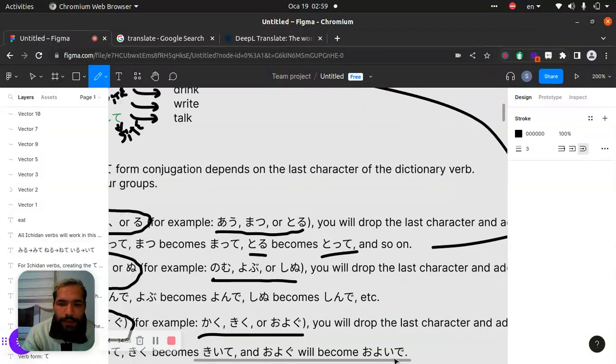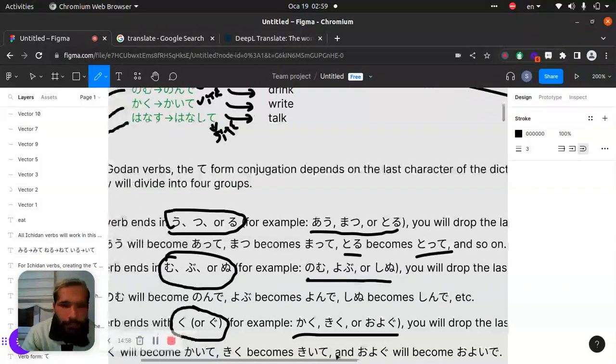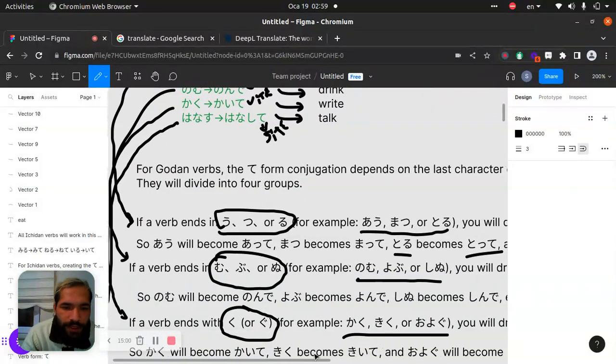It's conjugation things. Let's look for another one. If a verb ends in me, I think, and this one is ne, maybe. Am I right? And this one, what is this? I don't know really.